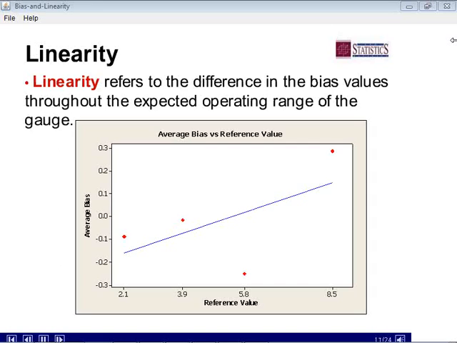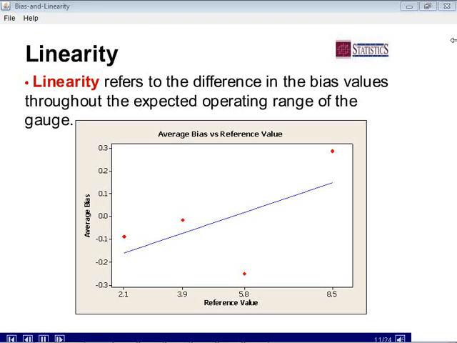Is my gauge doing the same in terms of bias, even as the reference value or size of parts increases? Linearity refers to the difference in the bias values throughout the expected operating range of the gauge. If you look at this graph that I've provided here, you're looking at average bias versus the reference value. Now, we'll be very clear about this.